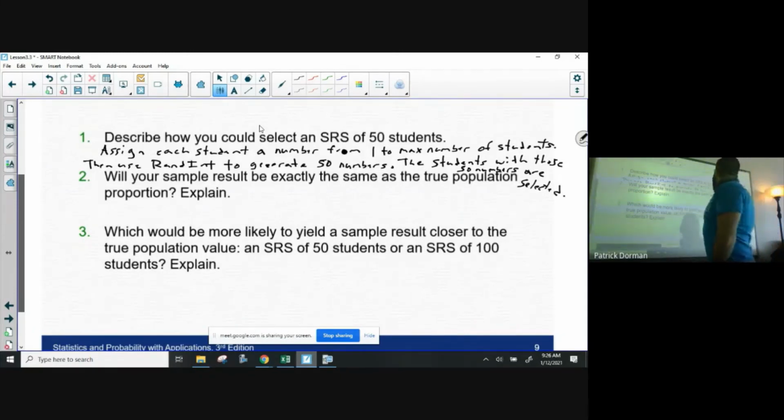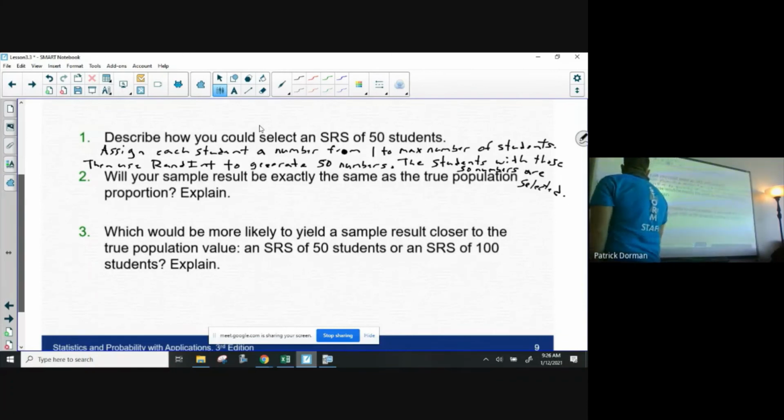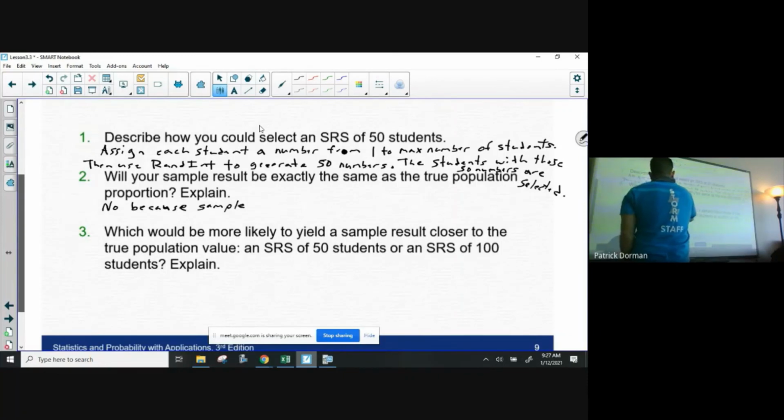All right, will it be exactly the same as the true population proportion? Explain. No, because samples will vary.